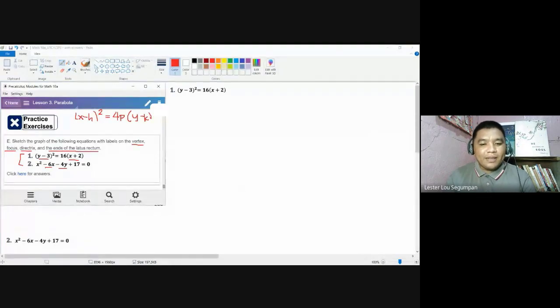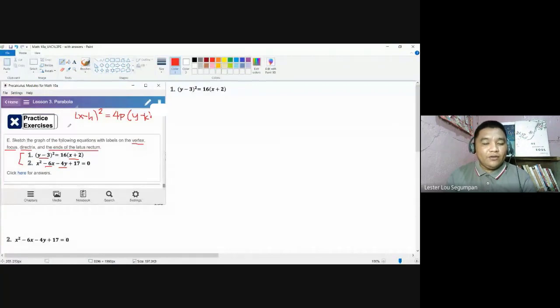This is somewhat similar to the equation of a circle in the previous lesson, wherein the vertex is not at 0, 0, but is somewhere at the coordinate h, k, where h is the value for the x coordinate and k is the value for the y coordinate. If that is the case, we can now determine the vertex from our standard form. Let me write here at the top, the vertex is now h, k.